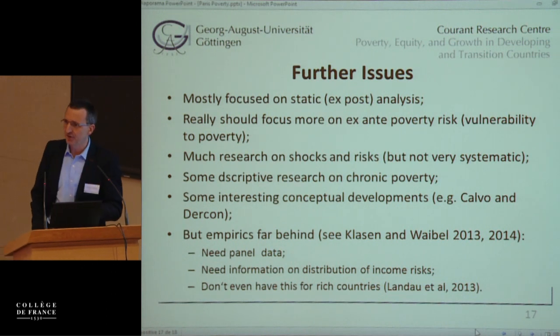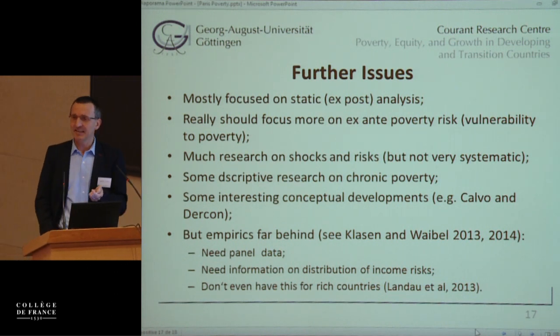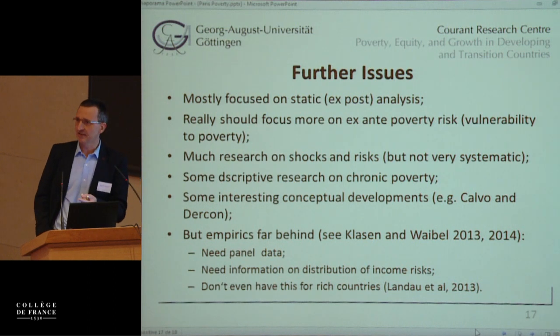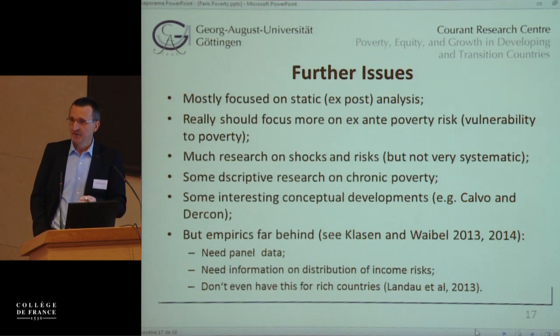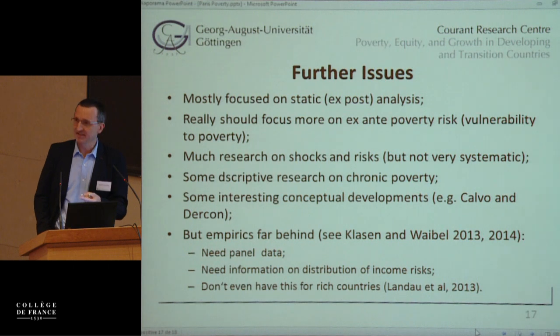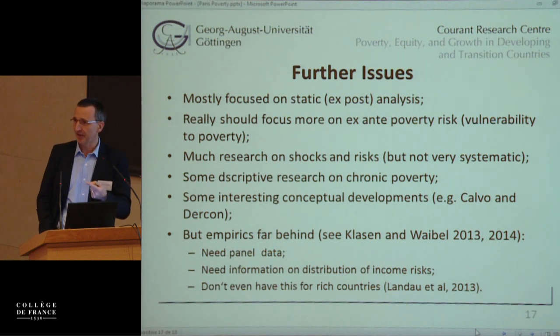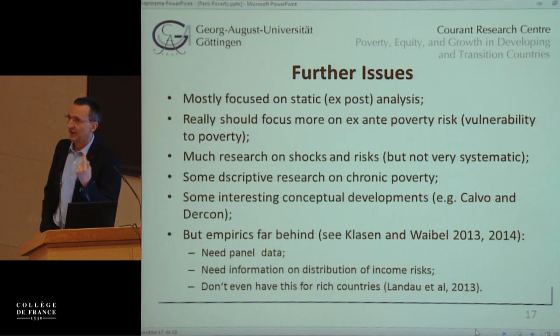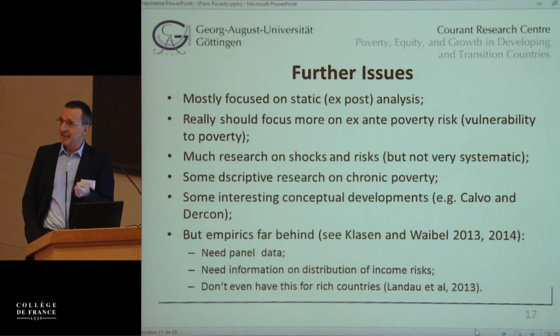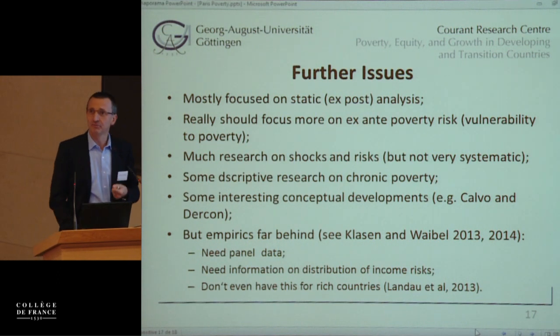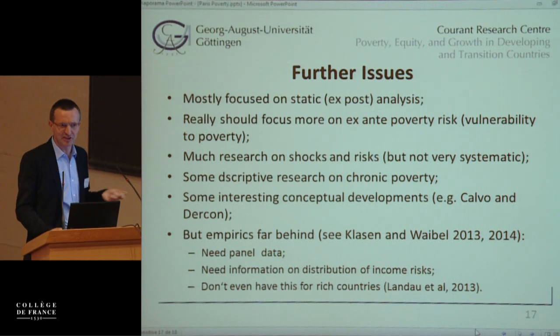Even in rich countries where we have excellent panel data, it's pretty hard to predict who's going to be poor next year. And in fact, the best prediction of next year's income is this year's income. Many household covariates don't add a tremendous amount to it. So it's actually quite hard to identify those who are likely to be at poverty risk. But I think this is a research agenda we need to push much further.